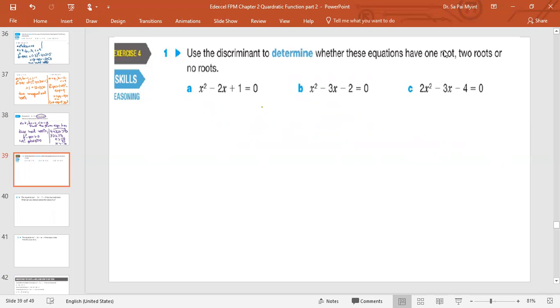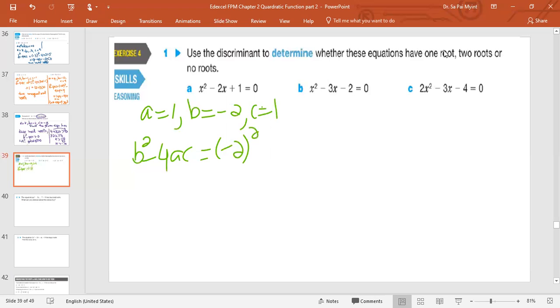Okay, we can check. First you need to write down, compare and find a, b, c. Write down a equal to 1, b equal to minus 2, c equal to 1. b square minus 4ac equal to, what do you get? b square is minus 2 square, minus 4ac, 4 into 1 into 1.